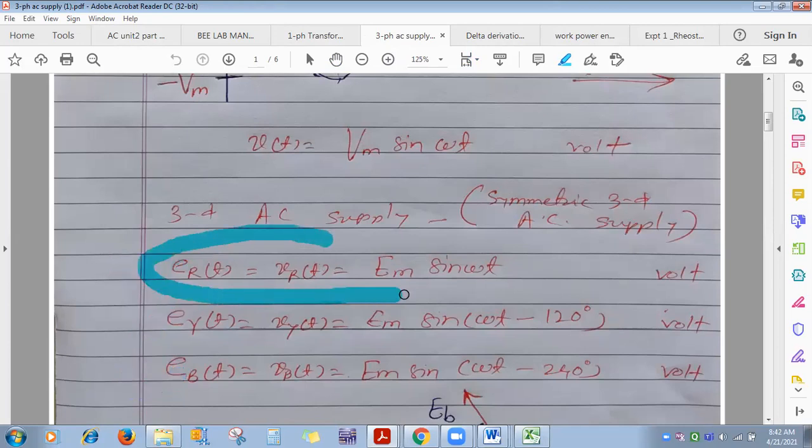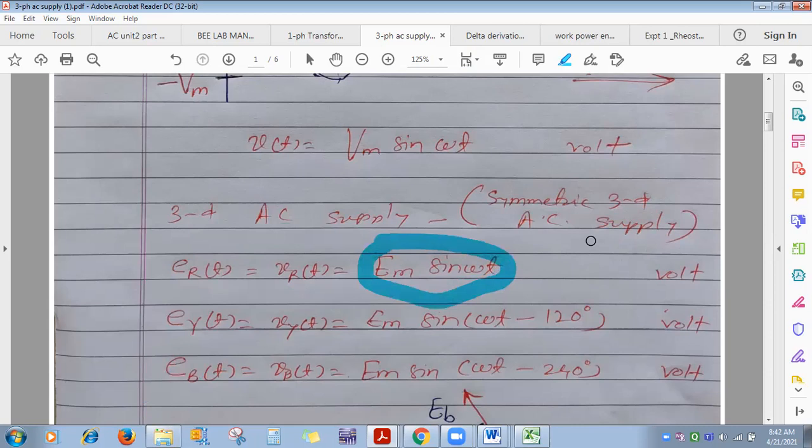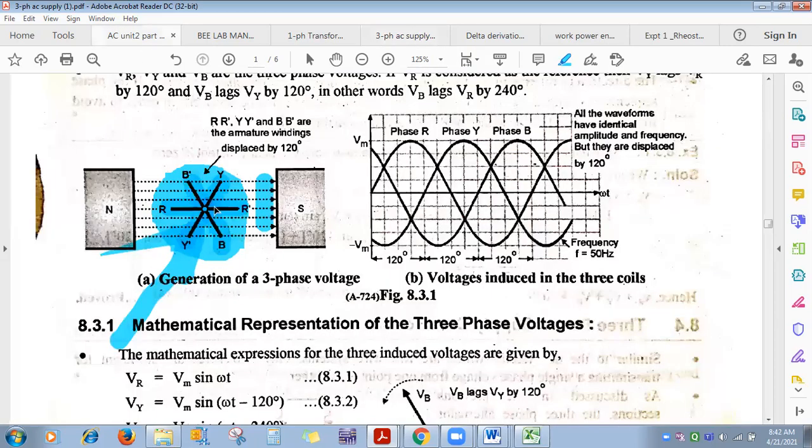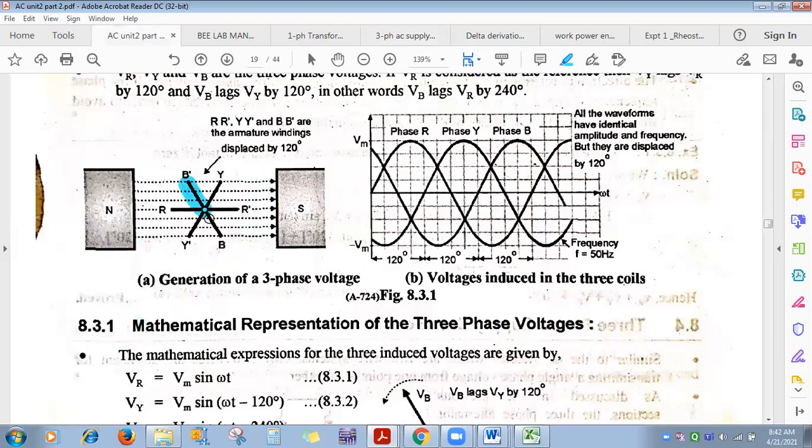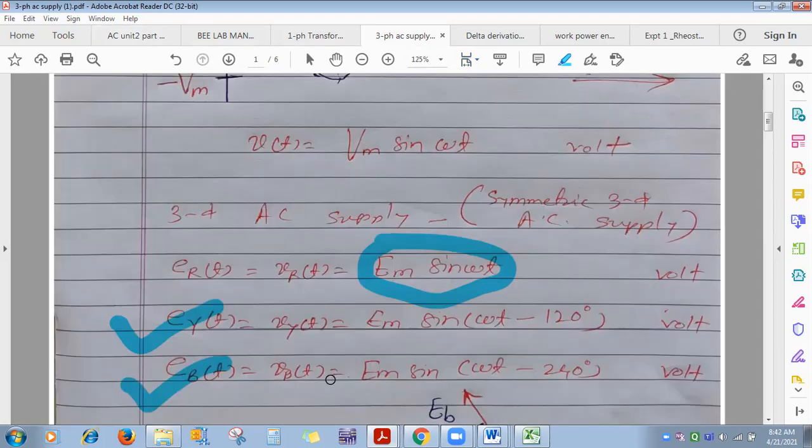See, the R phase, Y phase and B phase windings are designed on the rotor so that the EMF induced in the R phase winding will always be Em sin(omega t). The EMF induced in the Y phase winding will behave as Em sin(omega t − 120 degrees), and the EMF induced in the third coil, see here R, Y, B, 3 coils are there, so the B phase winding's instantaneous voltage equation is Em sin(omega t − 240 degrees).